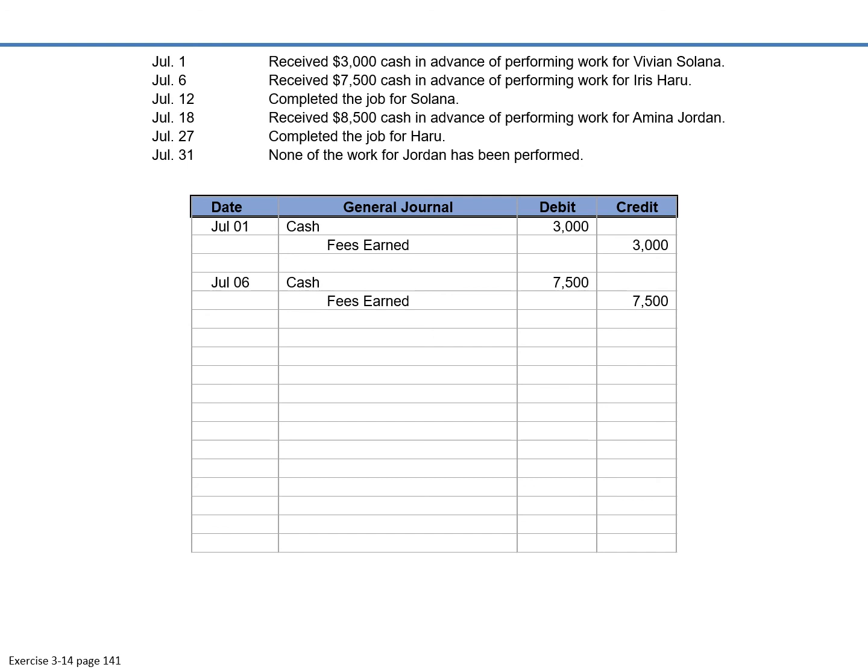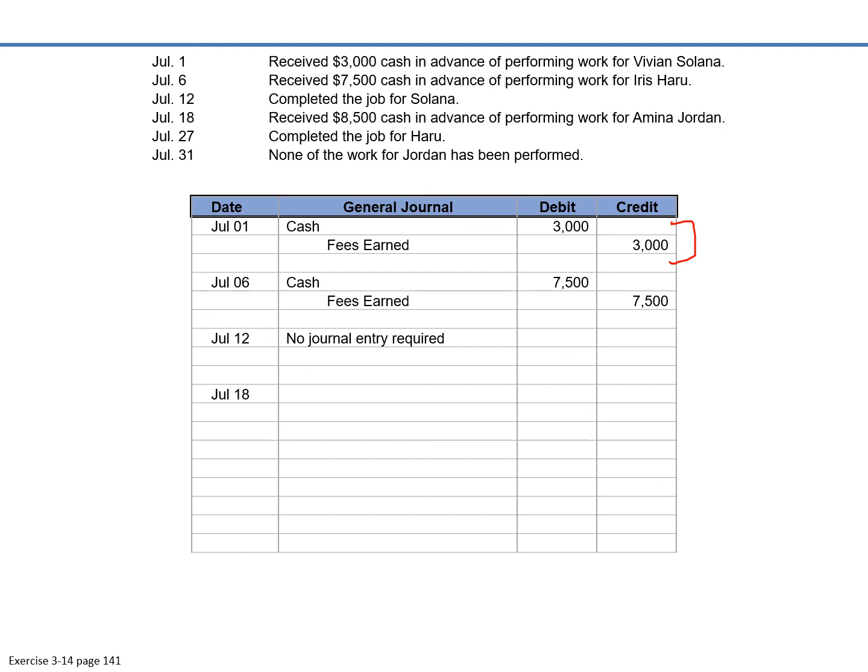Then on July 12th, we completed the job for Solana. Well, here's the thing. This is the Solana job right here. We already recorded it to fees earned. So when we complete the job, we don't have to do anything. Okay? Then on July 18th, we received $8,500 cash in advance for performing work for Amina Jordan.